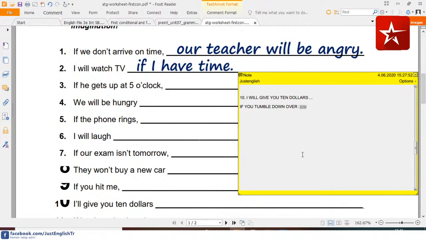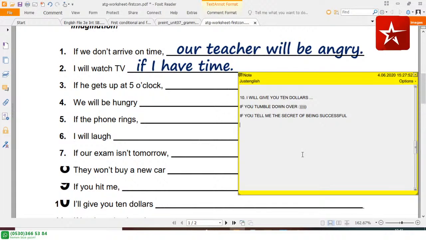If you tell me the secret of being successful, I will give you $10. And what else?